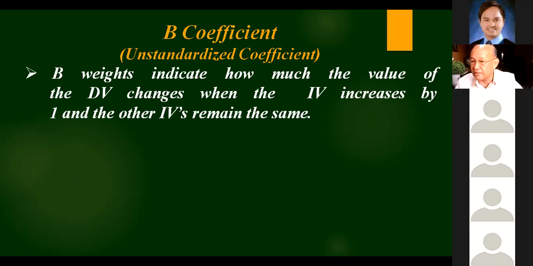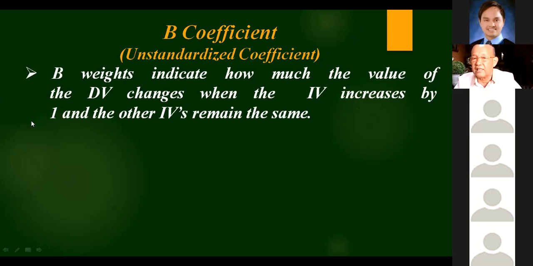Kaya prediction ang sinasagot ng regression. You predict the dependent variable based on a given independent variable. So I hope this is clear now. I repeat, B weights indicate how much the value of the dependent variable changes when the IV increases by 1.